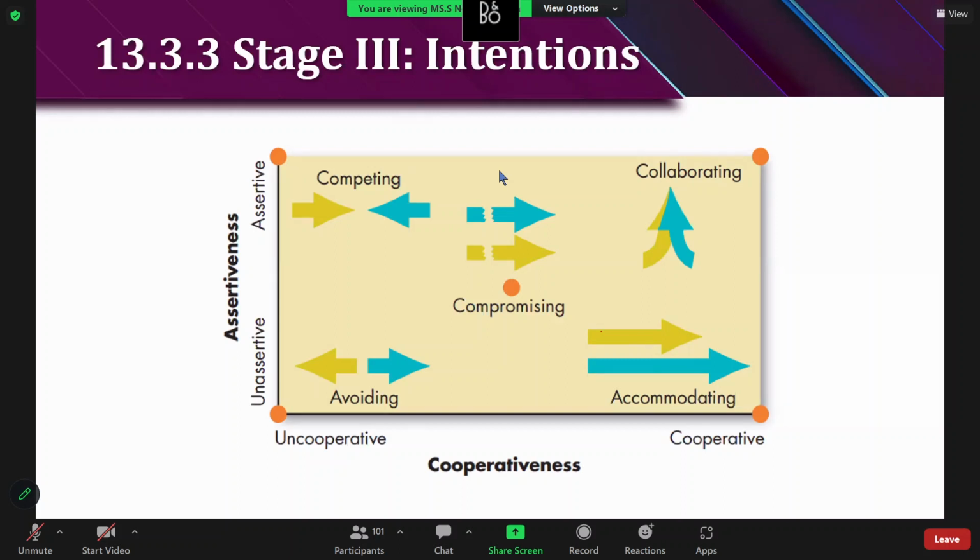If they are really cooperative, concerned about the other party more than their own concern, and unassertive, their intention is to accommodate. If they are both cooperative and assertive, their intention is to collaborate. And if they are in the middle of cooperativeness and assertiveness, their intention would be compromising.